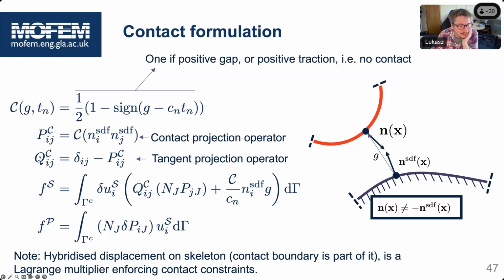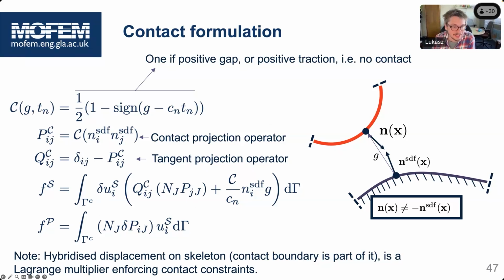When there is no contact, this Q becomes a delta Dirac, and as a consequence, this equation will enforce zero traction, a free boundary without traction. On the other hand, this other integral is a forcing term.